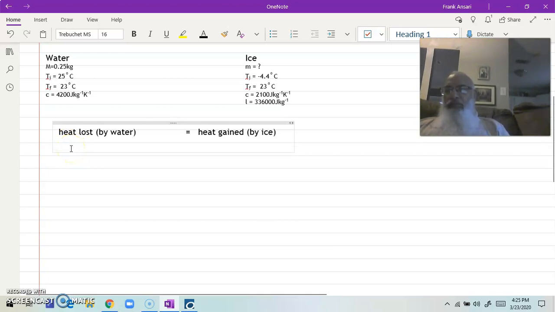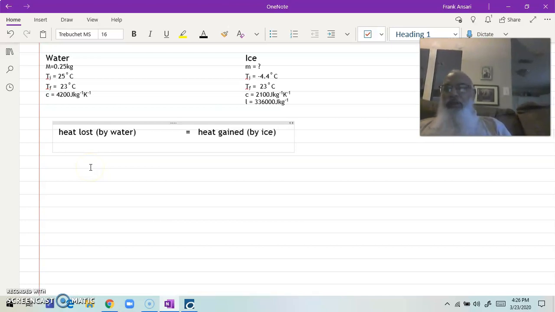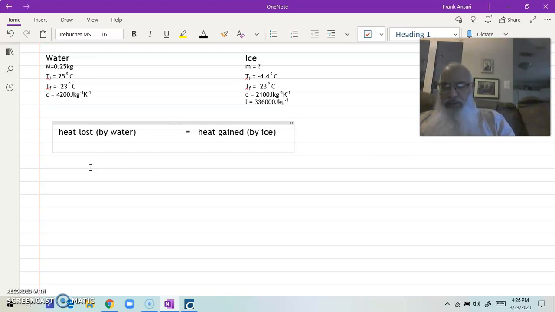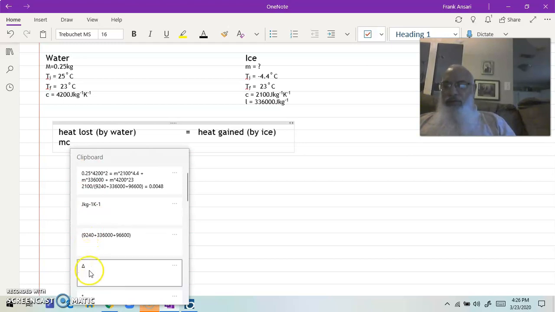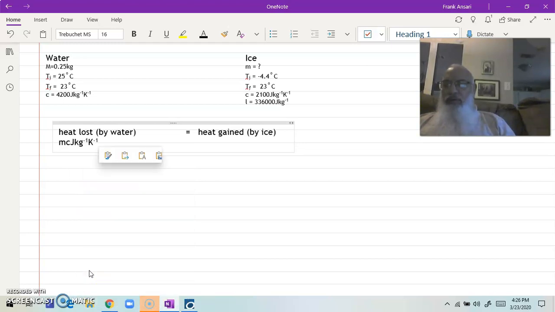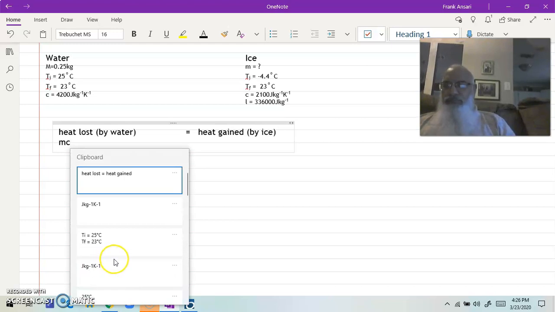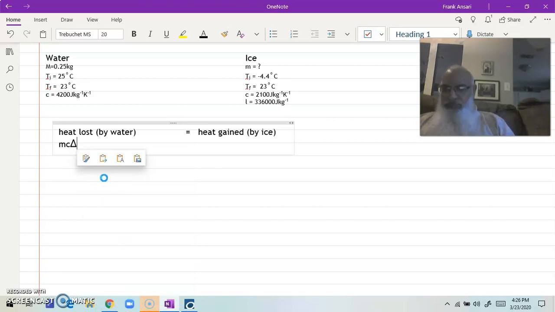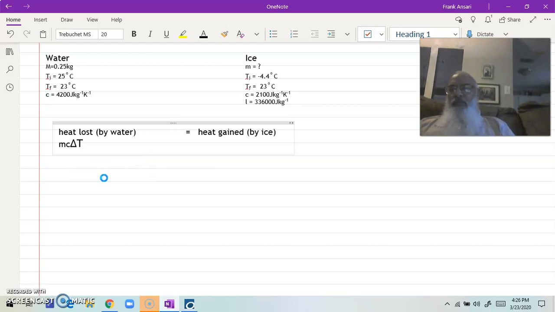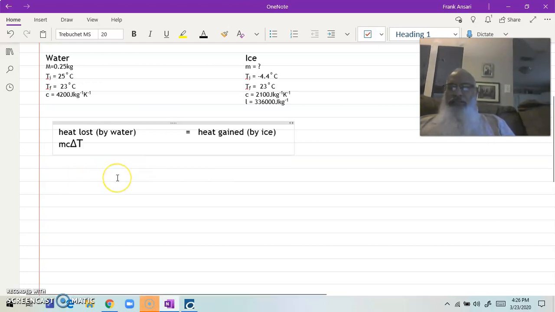And according to this, water is going to lose heat, and that will be mc delta T. Okay, that's simple enough.